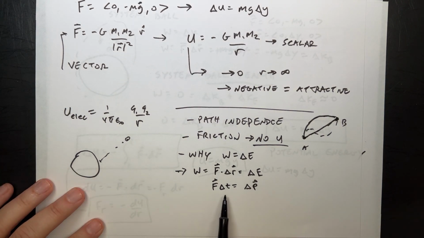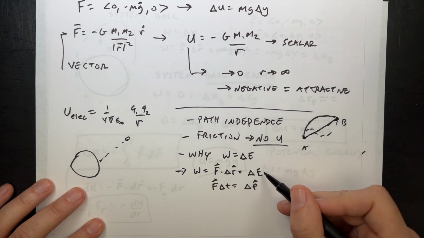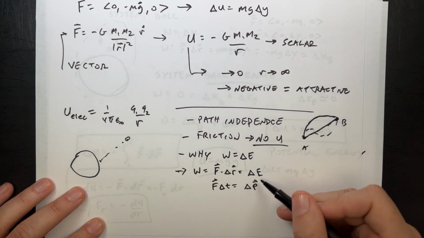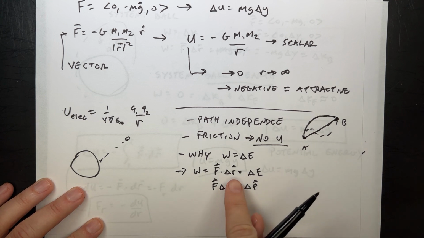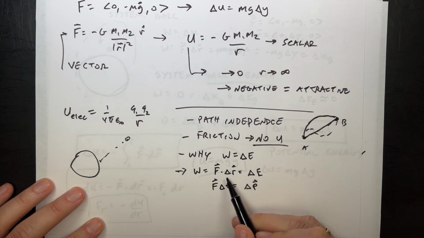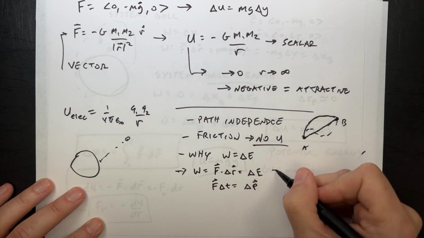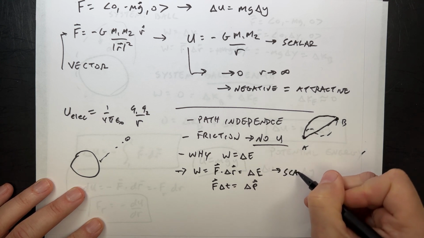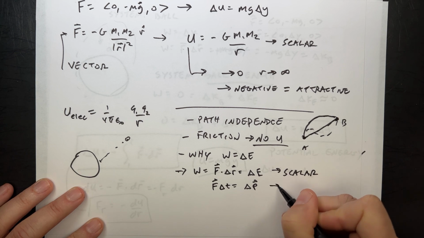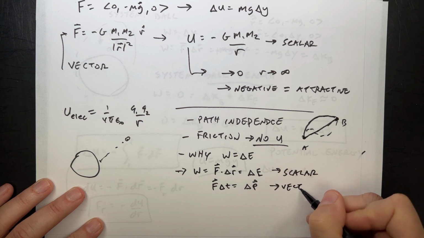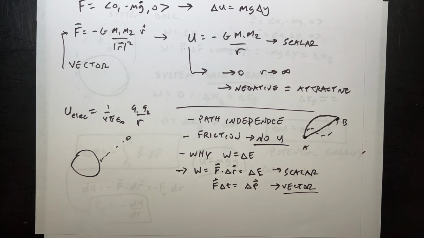I can multiply both sides by delta t. So they both deal with forces. The energy depends on velocity, and they both depend on mass and velocity. But this depends on a displacement, and this depends on a time interval. This is a scalar equation, and this is a vector equation. So they look very similar, but they're quite different.